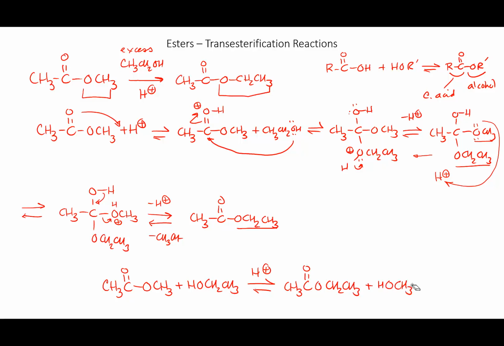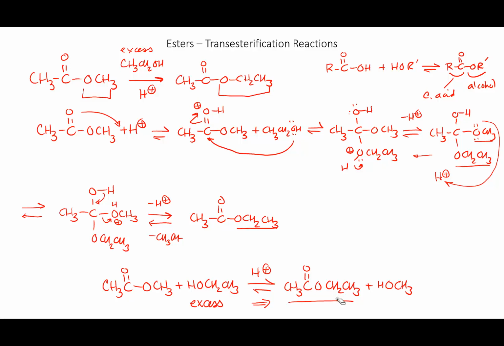Well, I can force the equilibrium to the right by using Le Chatelier's principle. If we use excess ethanol, then that's going to push the equilibrium to form the transesterified product versus having the methoxy group still there.